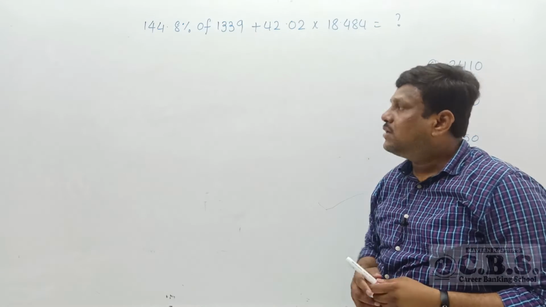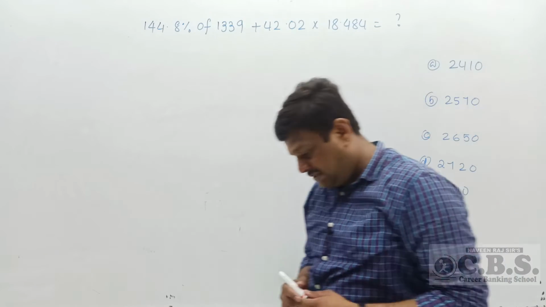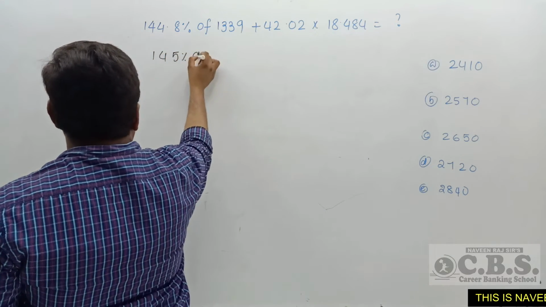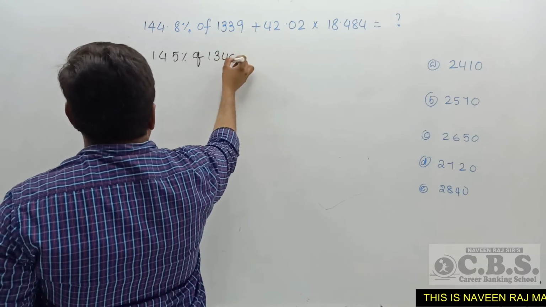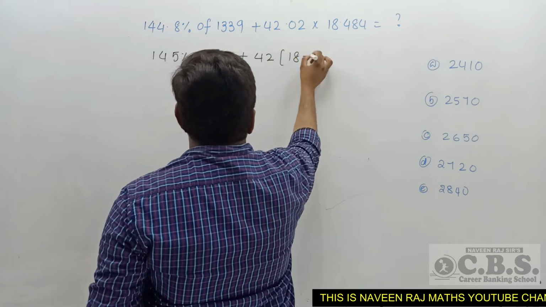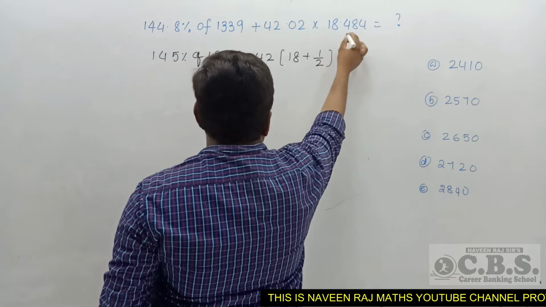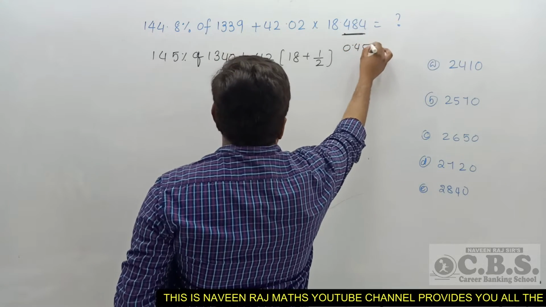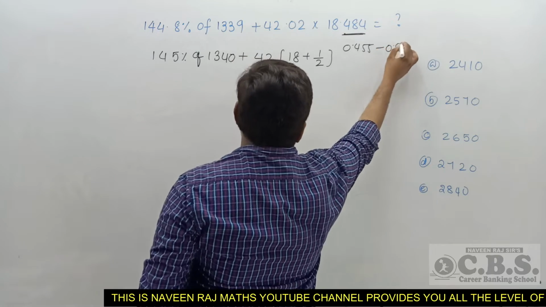Okay, let's do another question. So 144.8 percentage, I take it as 145 percentage of 1340, and you can take it as 42 into 18 plus the fraction. Why? Because this is 0.484, which is near 0.4 triple 5.